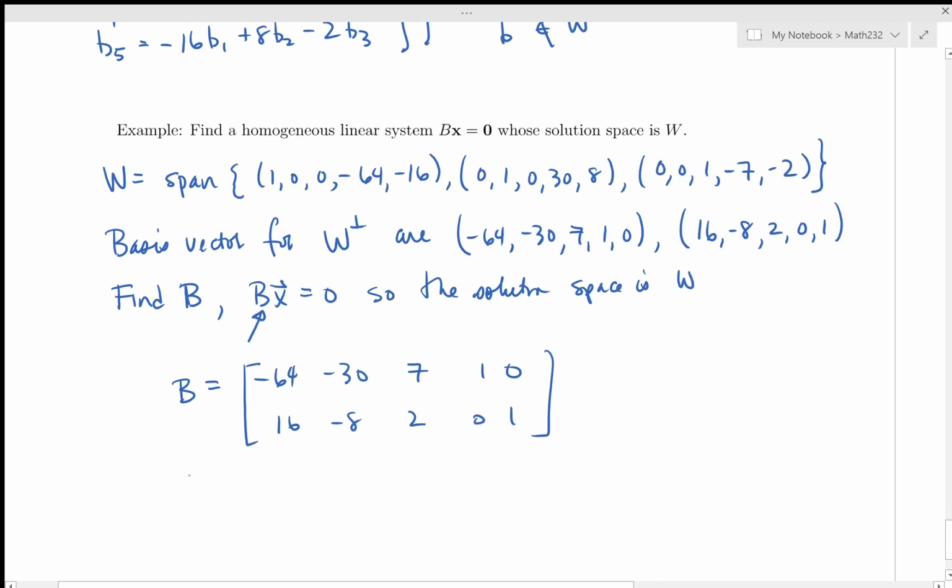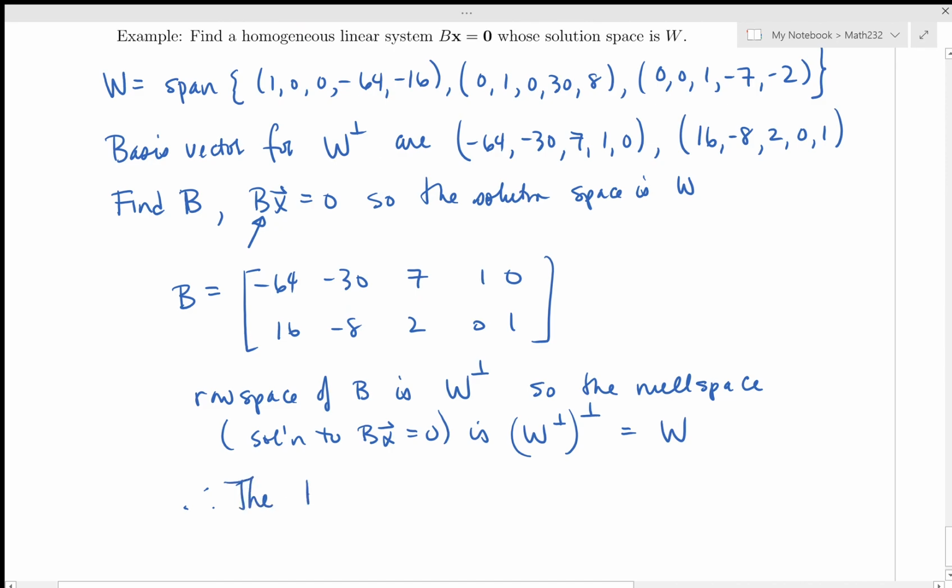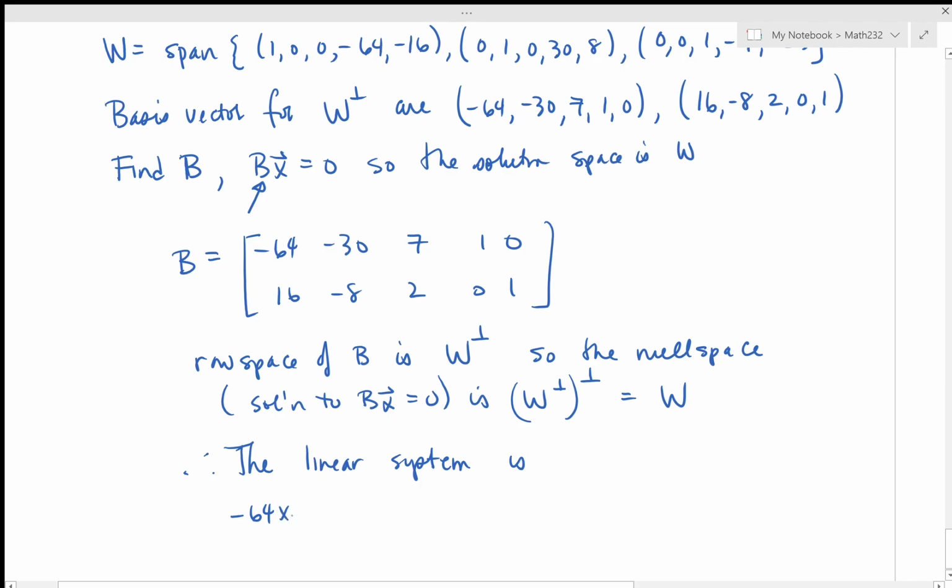Because the row space of B is the orthogonal complement of W, the null space, which is the solution to Bx equals 0, is the orthogonal complement of the row space, and that is W. Therefore, the linear system is this: minus 64x1 minus 30x2 plus 7x3 plus x4 is equal to 0, and 16x1 minus 8x2 plus 2x3 plus x5 is equal to 0.